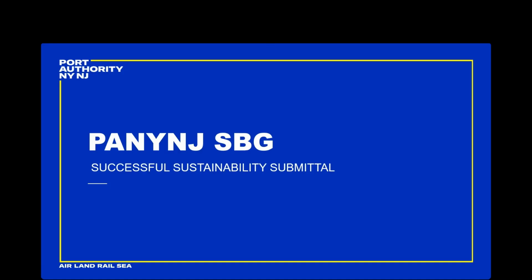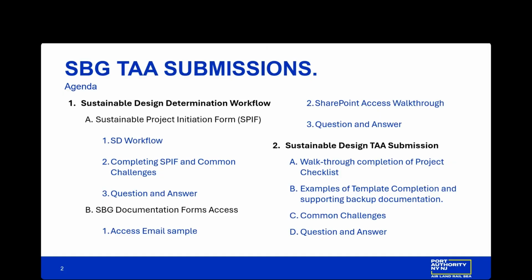This means once the SPIF has determined that the Sustainable Building Guidelines apply to this project, how we go about giving you access to the Sustainable Building Guidelines documentation forms, that being the checklist and the templates. We'll walk you through that process, and then we'll again pause for questions and answers.